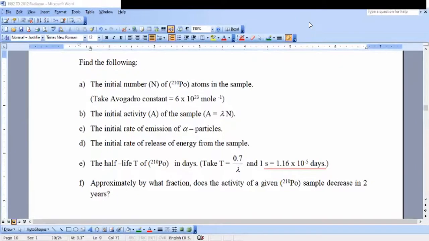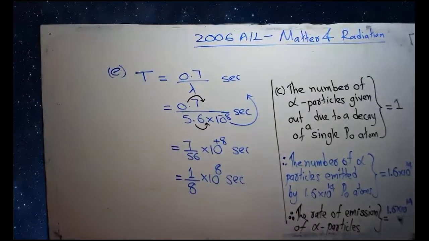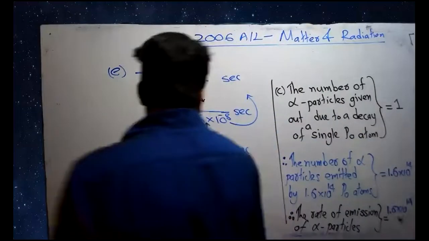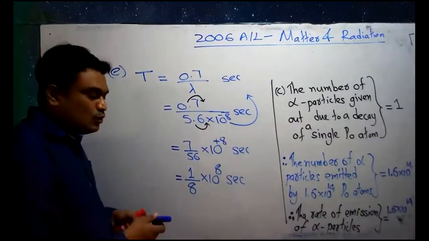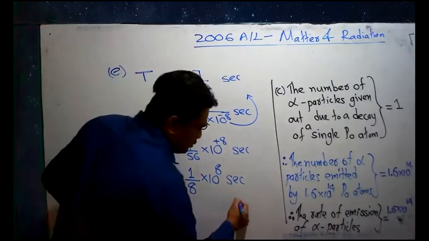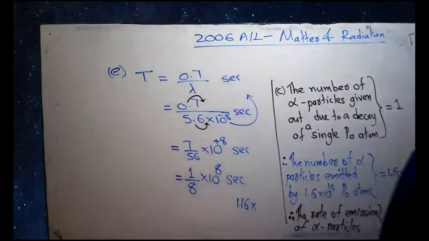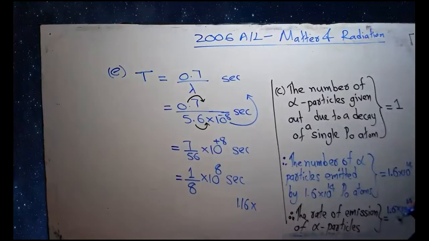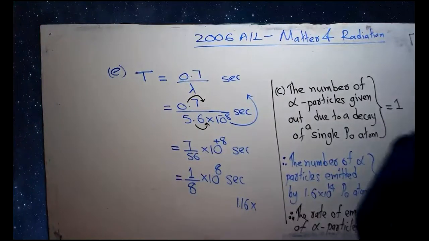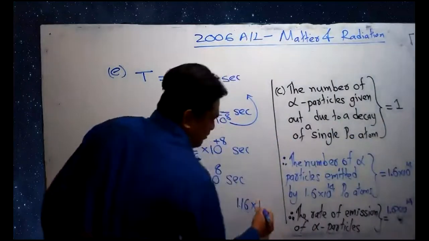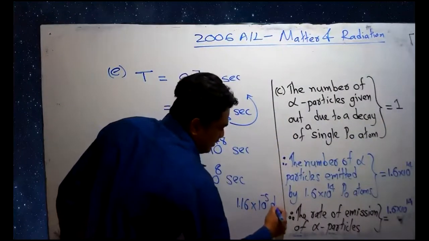So here we have this many seconds. 1 second equals 1.16 into 10 to the power minus 5 days. Now the unit will be days.